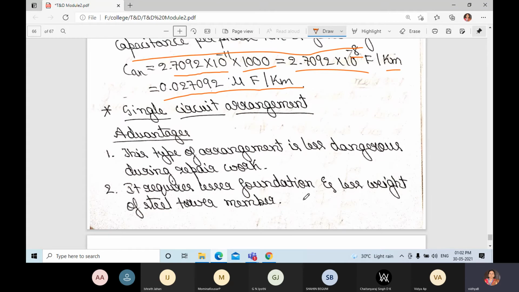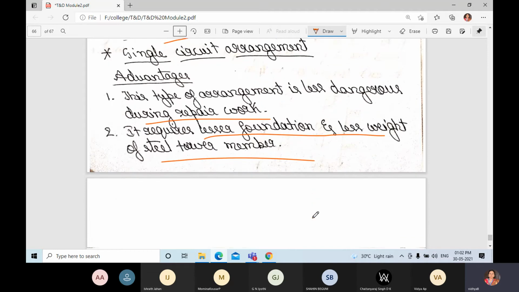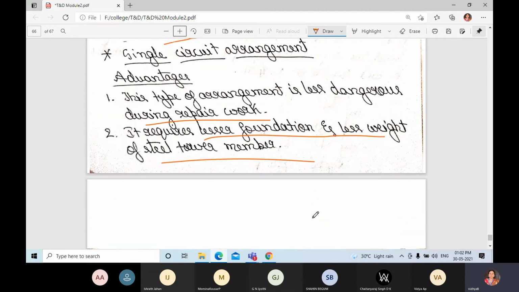Here, single circuit arrangement. What are the advantages of single circuit arrangement? This type of arrangement is less dangerous during repair work. It requires less foundation and less weight of steel tower members. You might have observed in the transmission side what is a single circuit and a double circuit.